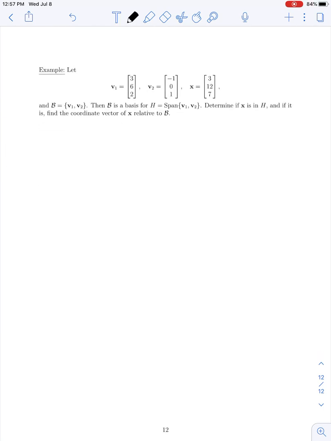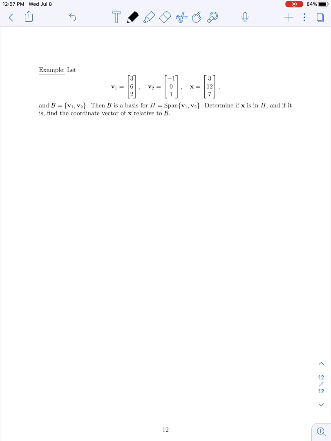So in our last example for this section, we are given vectors v1, v2, and x, and we're told to let B, the set of v1 and v2, be a basis for the span of v1 and v2, which we're calling a set H. And we're asking if x is in H, and if it is, what are the coordinate vectors for x relative to that basis.